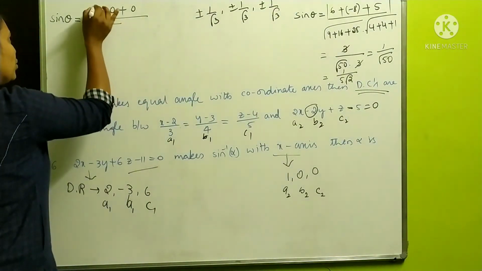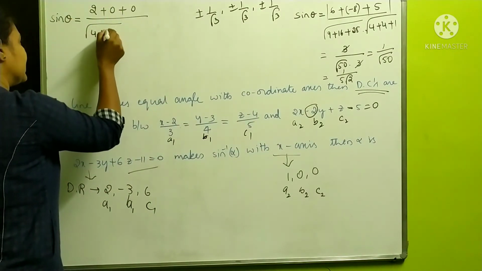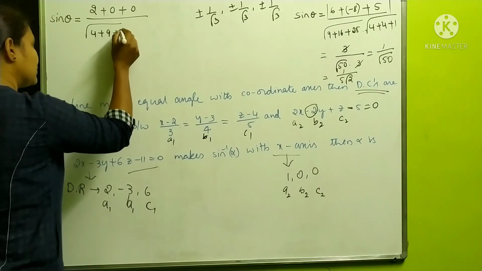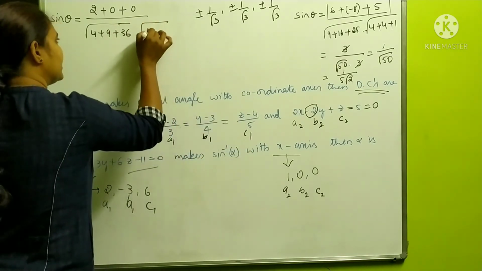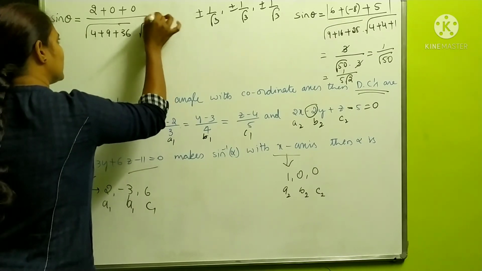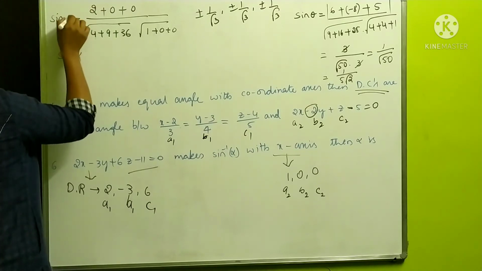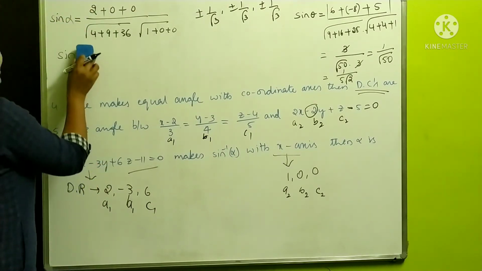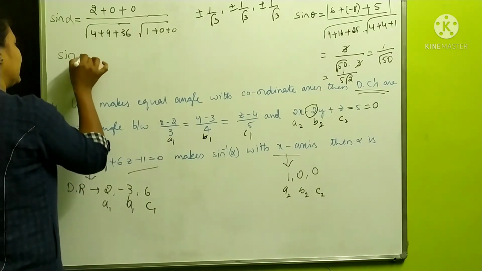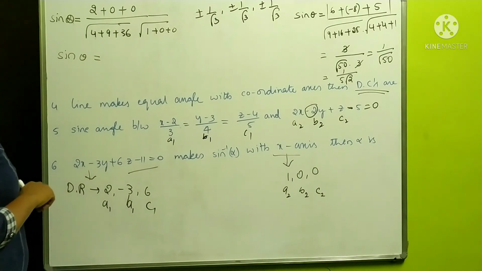Therefore it is root over 2 square is 4, minus 3 square is 9, 6 square is 36, into 1 square is 1, 0 square 0, 0 square 0. Therefore it is sin alpha, let me write, because they mentioned alpha. Or else let it be theta only, no problem for me. Let it be theta only.